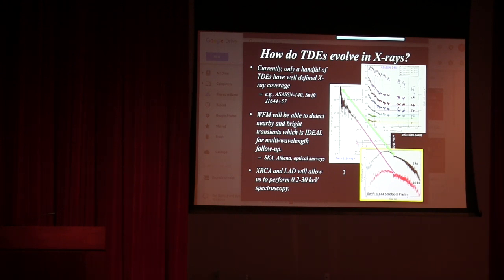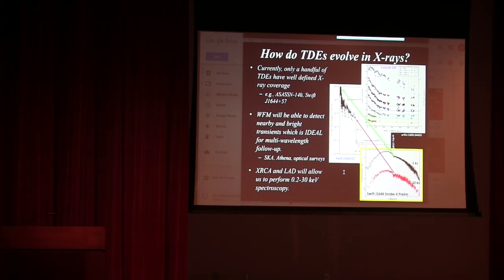STROBE-X should be able to detect really nearby and bright transient sources, monitor them really well, and help constrain what variability we observe in the X-ray light curves, how it decays with time, and in multiple wavelengths, which is really important for understanding TDs and is currently really missing.